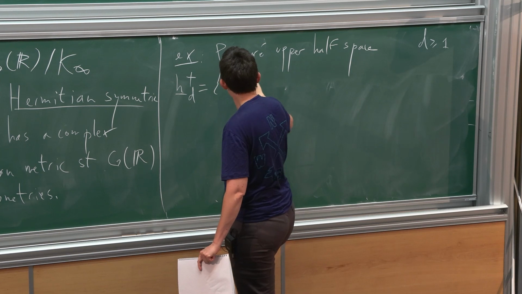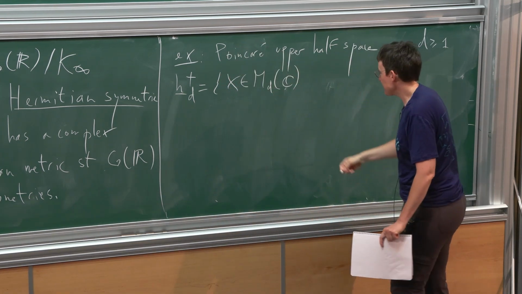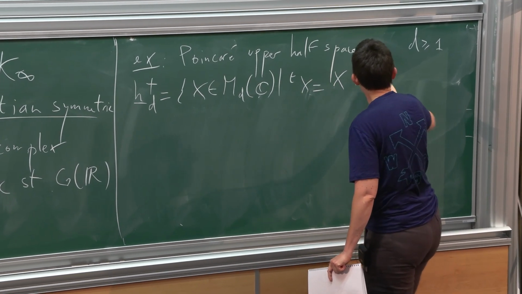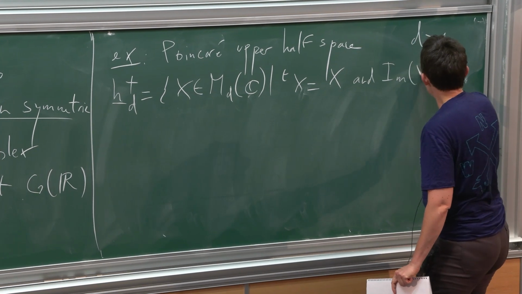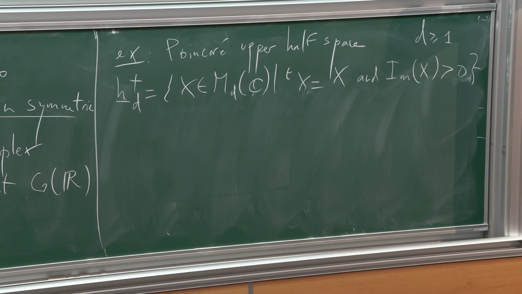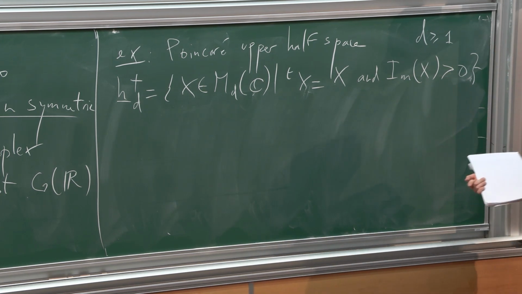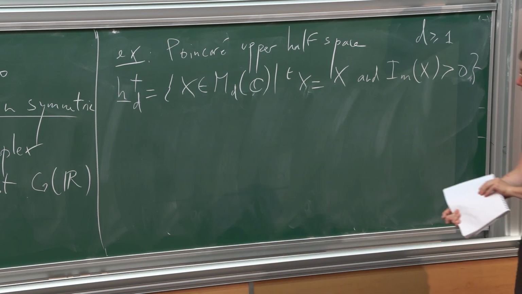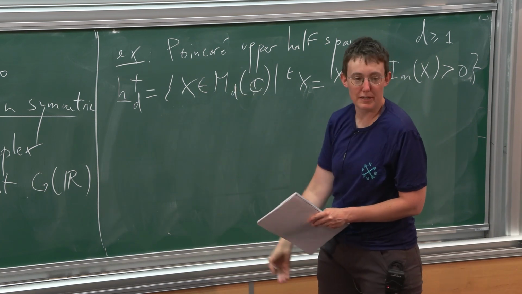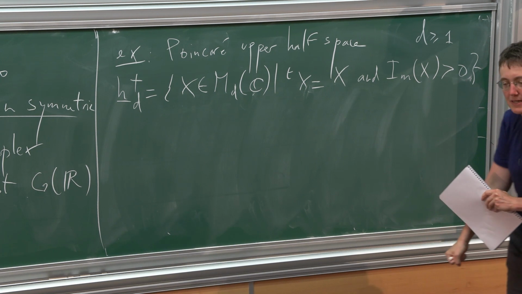This is the set of d by d complex matrices that are symmetric and such that the imaginary part of the matrix is positive definite. So this is a d by d real matrix and it's symmetric, so it makes sense to say that it's positive definite. And if d equals 1, you just get the Poincaré upper half plane, the complex numbers with positive imaginary part.